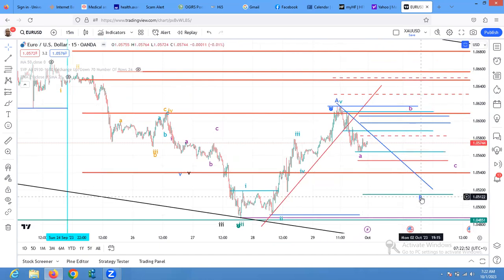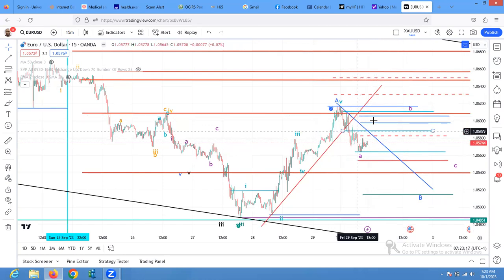We want to execute the B leg. So what do I expect? I expect that maybe this leg also is done. This leg had actually done an extension of probably 100 from here to this point. So now, again, you may want to see a possibility of a zigzag in the middle and not a flat. It's not impossible. And they do a zigzag, and not a flat in the middle.